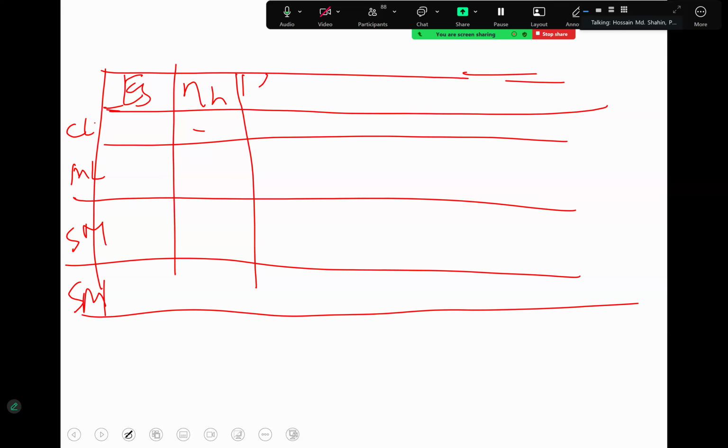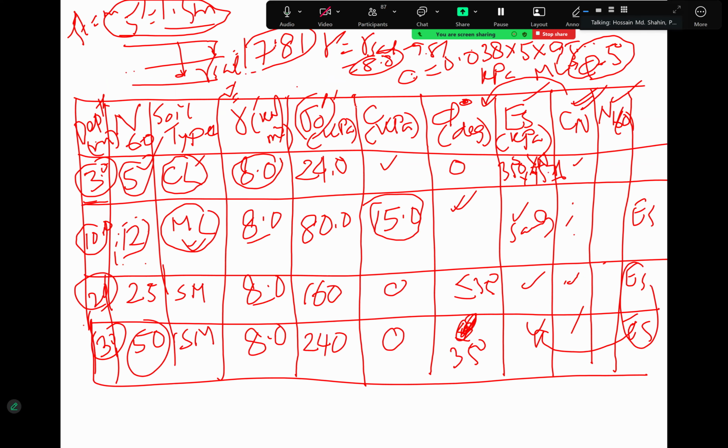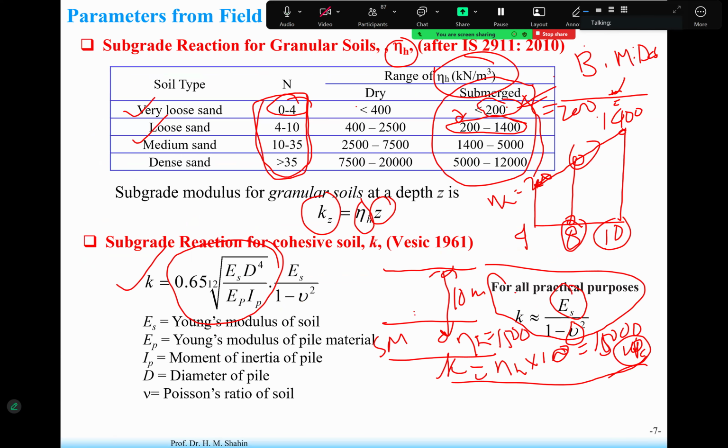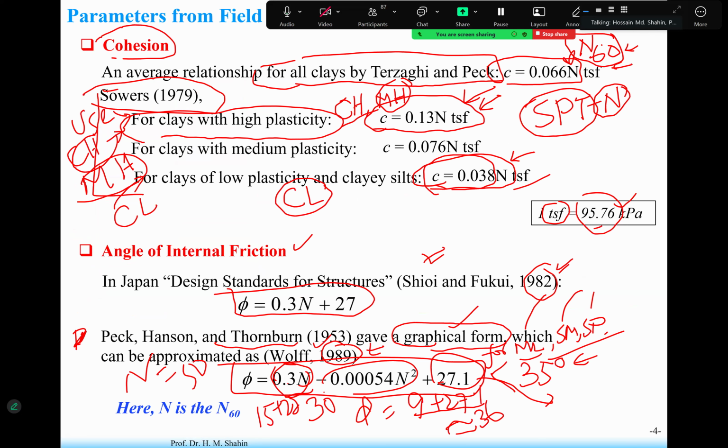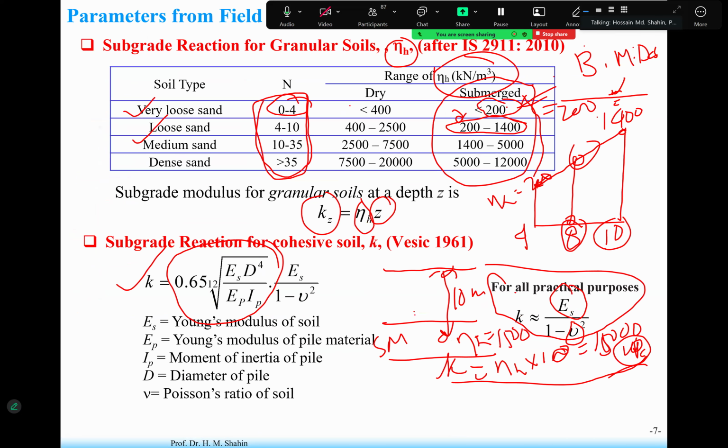Then K, subgrade modulus, K. So directly we get these values from these equations. Then subgrade reactions for clay soil, basic equation.